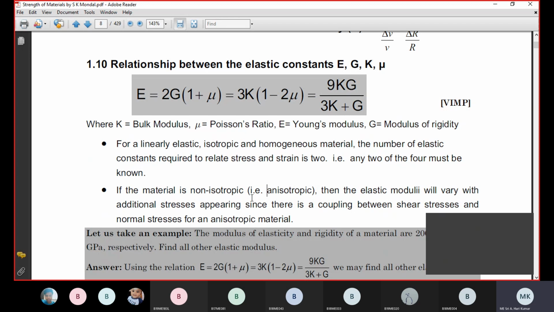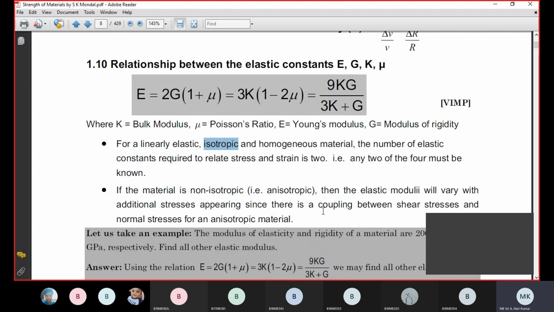And if the material is non-isotropic, what do we mean by non-isotropic or anisotropic? For an isotropic material, the properties are equal in all directions, the same. In the sense like along X, the Young's modulus is 200 gigapascal. Along Y, Young's modulus is 200 gigapascal only, and along Z also 200 gigapascal. So the Young's modulus does not change with respect to any directions or any planes or any coordinate system.